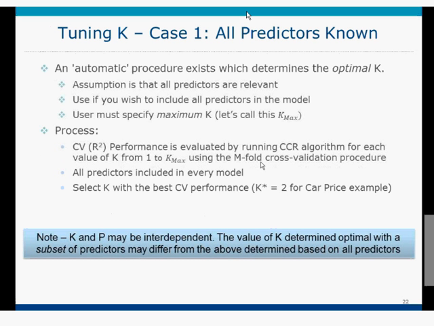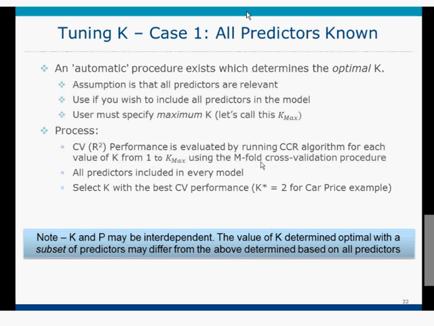We get predictions for those cases, and we set them aside. We repeat this for all 10 folds. We then combine the information, the predictions on all 10 folds. So we now have all the cases predicted using models where those cases were not used at all to determine the coefficients.